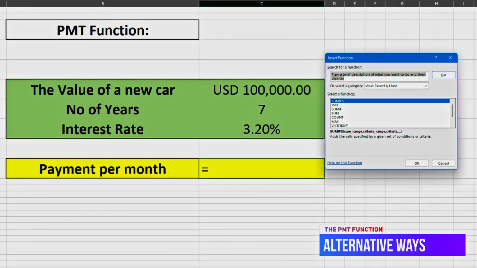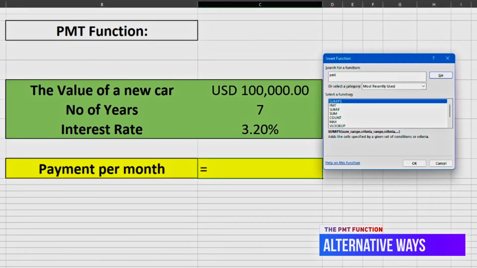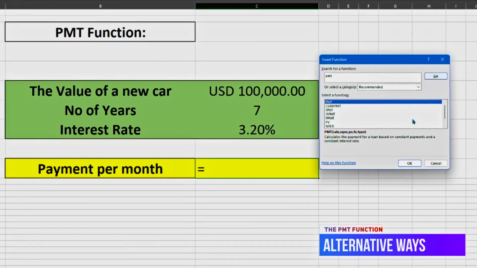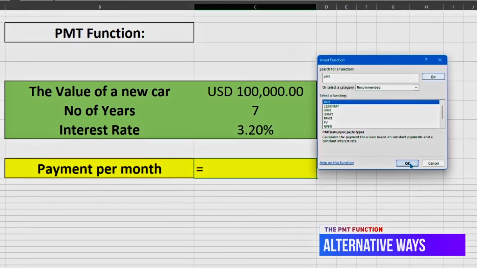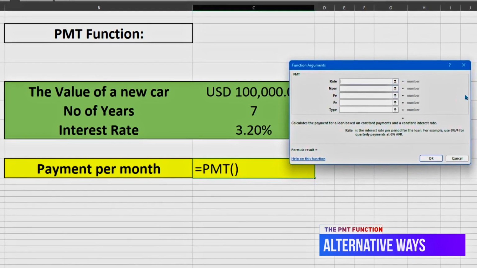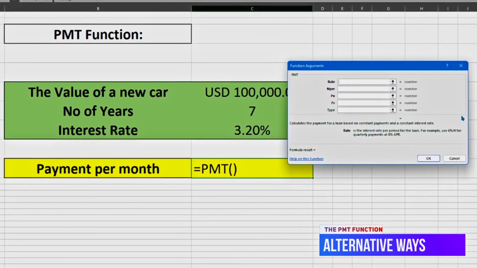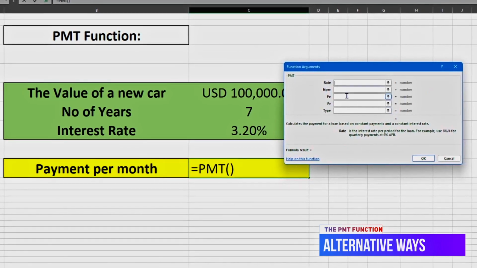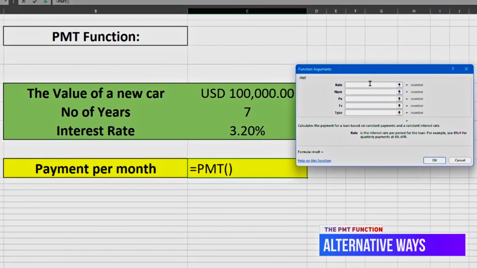On top we are going to write PMT and click Go, and our PMT function will appear, and then we press OK. This is a better way, as I've told you in my other videos as well, since Excel itself is going to explain what each individual thing in that formula does.